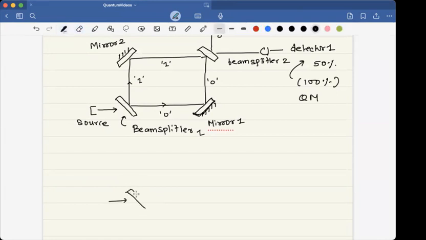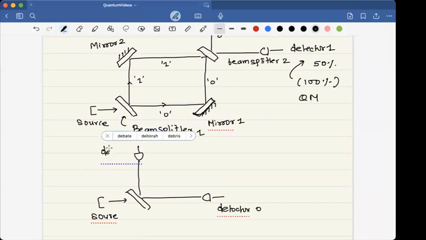Suppose I have this source and this beam splitter, and we have detectors over here, detector 0 and detector 1.